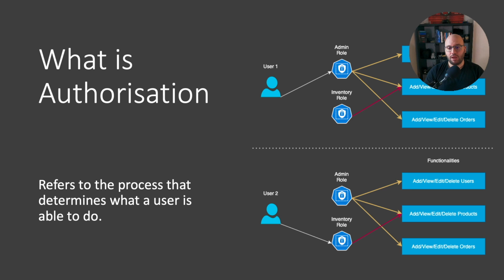But after they have been granted access, they have a different set of access in the system. We can see user one has more of an admin role where they have access to every single functionality inside the system. On the other hand, user two has an inventory role where they only have access to a single functionality inside the system. So here authorization plays a major role in setting those rules, and it plays a major role in identifying and separating the different types of users.